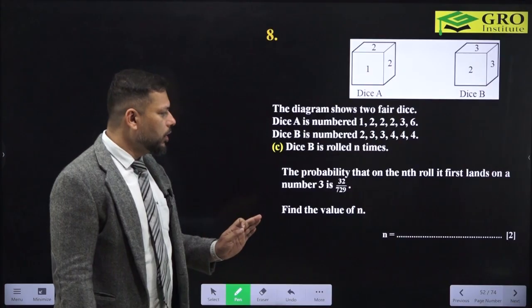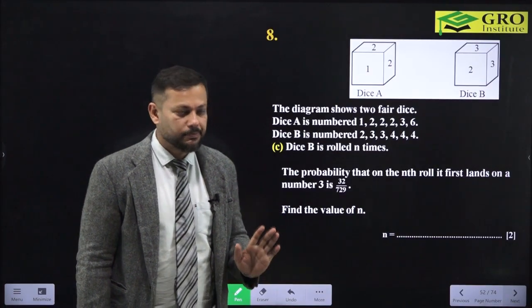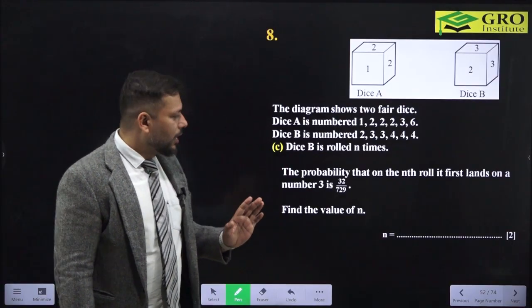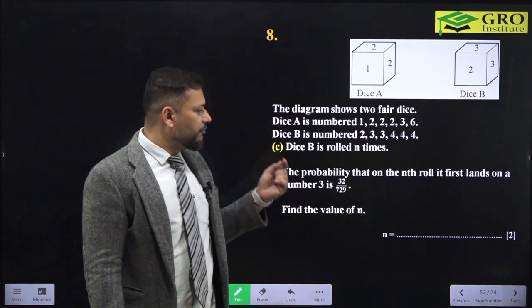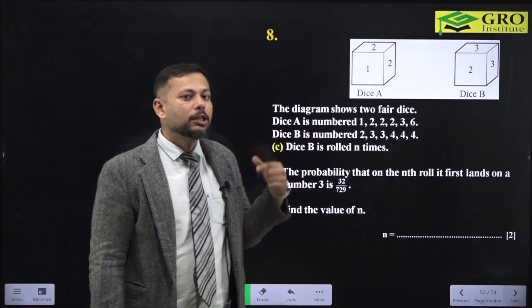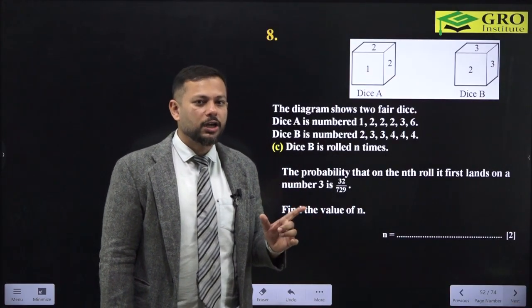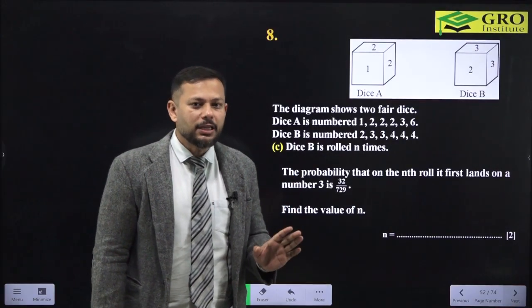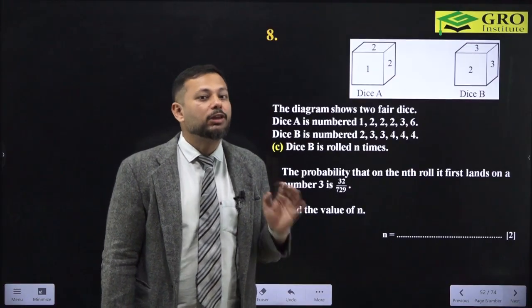We are being told that dice B is rolled n number of times, out of which, on the nth time only, the dice B gave us the first 3. On the nth roll only, we got the number 3 for the first time. That means before that we were getting all the numbers other than 3.